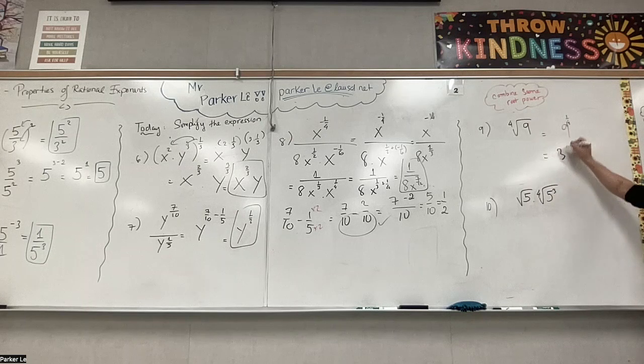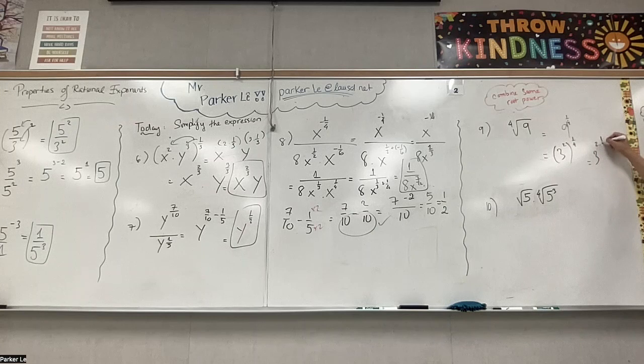Yeah, 3 squared. I still have 1/4 on the outside. What do I do with this? Multiply the powers. So 3 to the 2 times 1/4, so 3 to the 2/4. So 3 to the 1/2.